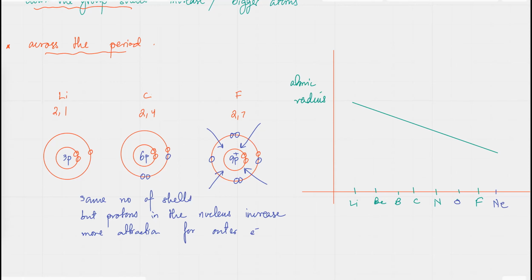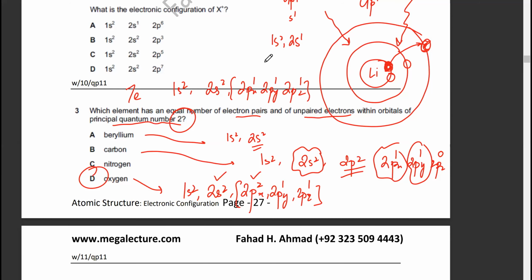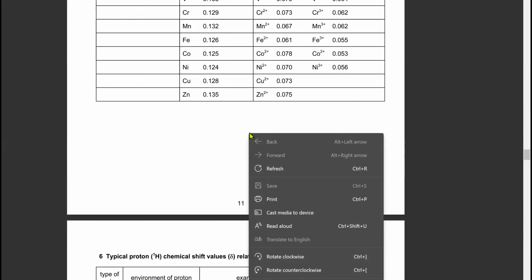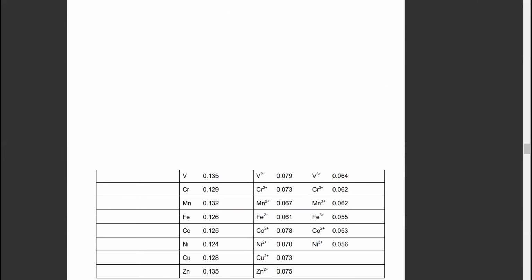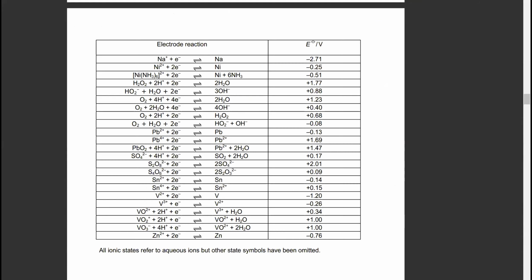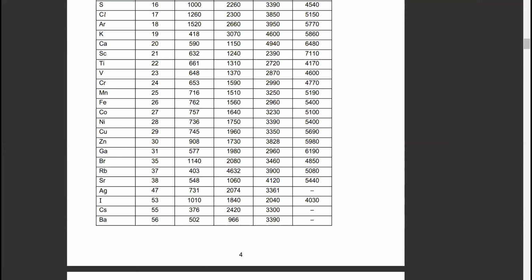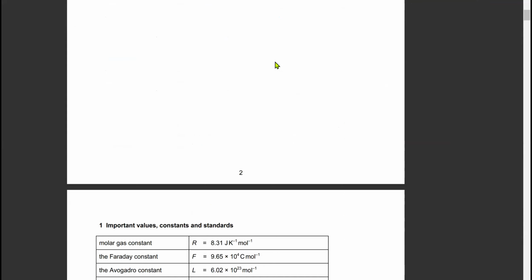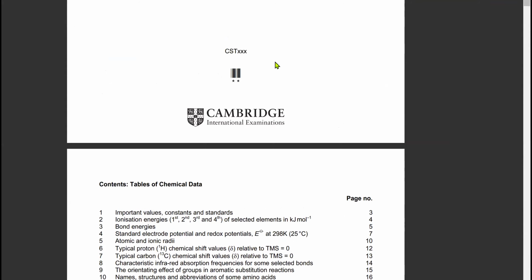The size of the atom is also given in the data booklet. Make sure you remember this, that in the data booklet, somewhere in the first few pages, page number 2 or 3.